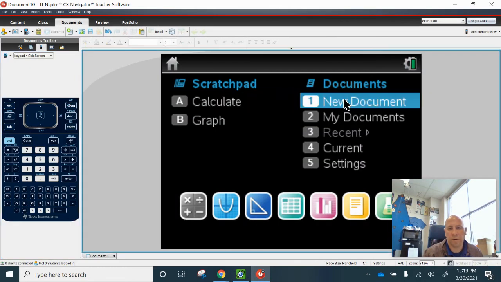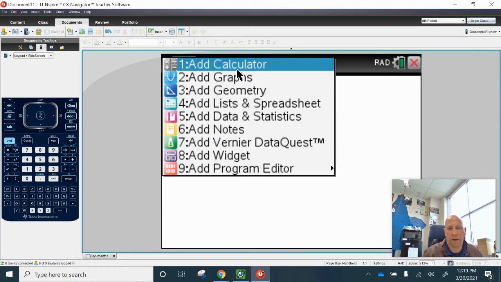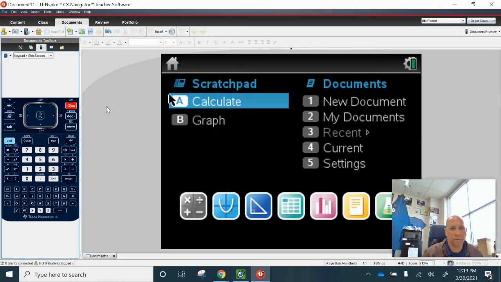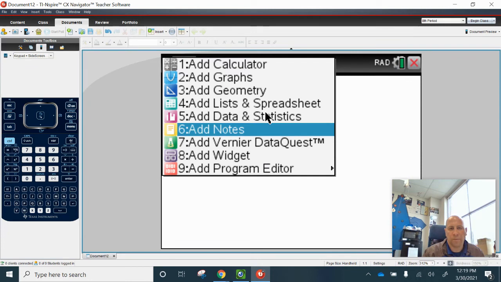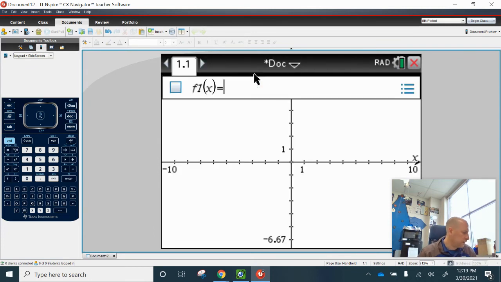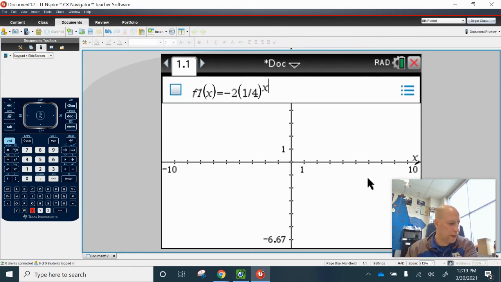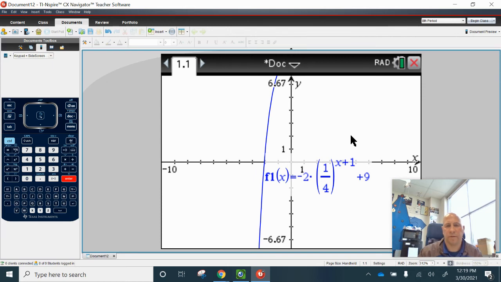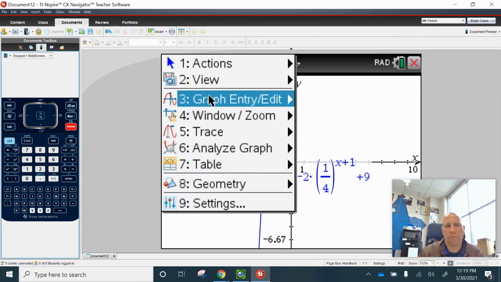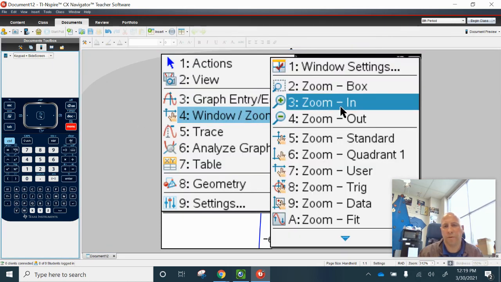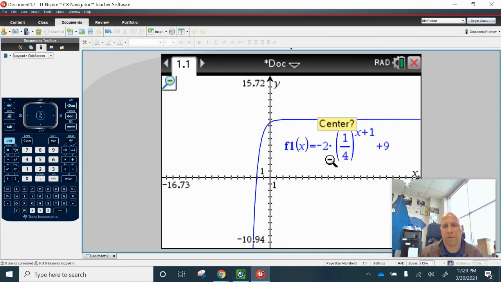Let's go ahead and graph this in our calculator. So on new document, add graph. And so then that is negative 2, parentheses, 1 divided by 4, click to the right, up key, x plus 1 plus 9. Menu, window zoom, zoom out.